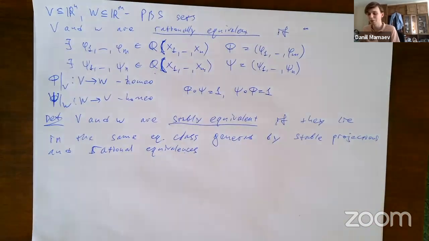It's not very nice. The definition is constructive: V and W are stably equivalent if there is a chain of rational equivalences and stable projections that goes from V to W. I think there is no clearer description of what stable equivalence is.